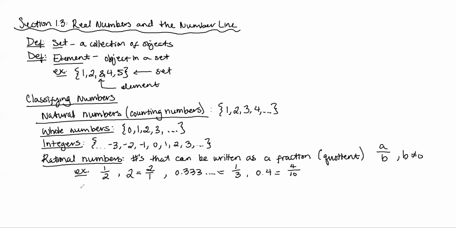And so the key thing here for rational numbers, this is going to be all fractions, and these are all positive or negative, integers, repeating, and terminating decimals.